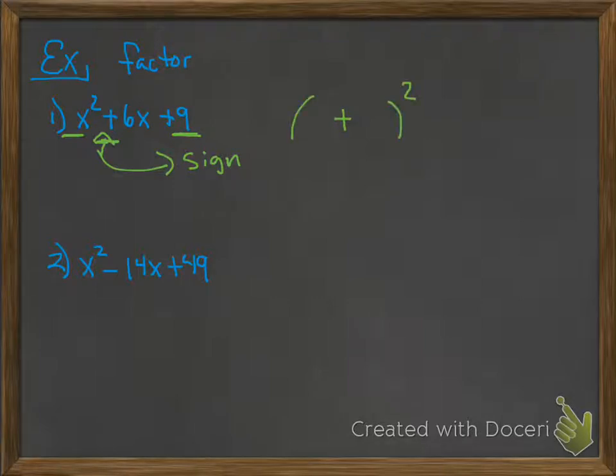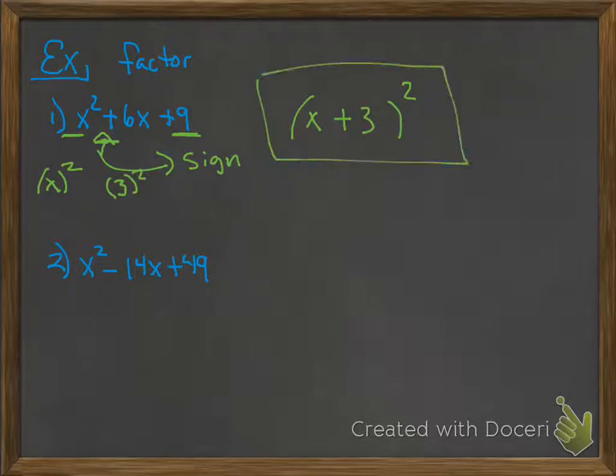So I can separate that to be x squared. It'll be x right here, and I'll look at the very end, 3 squared. So we would have the 3 there, and this is putting together our perfect square trinomial.